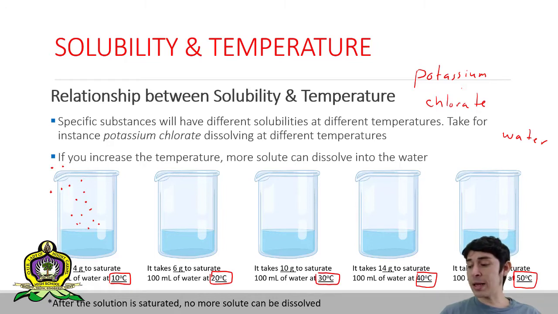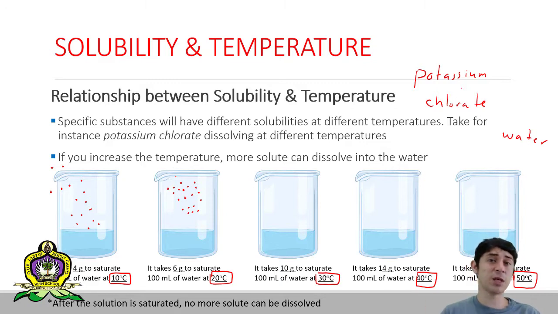Then we moved on to the next beaker and we added salt to it. The name of the salt is potassium chlorate. And we noticed that we added 6 grams of salt, and this could dissolve 6 grams of salt.